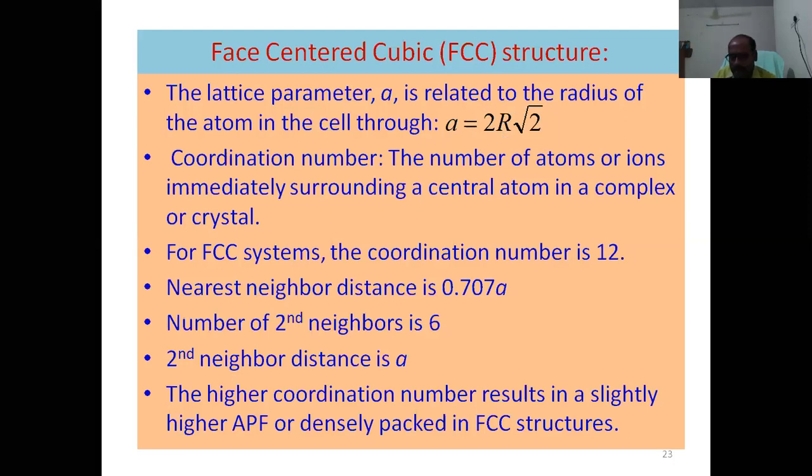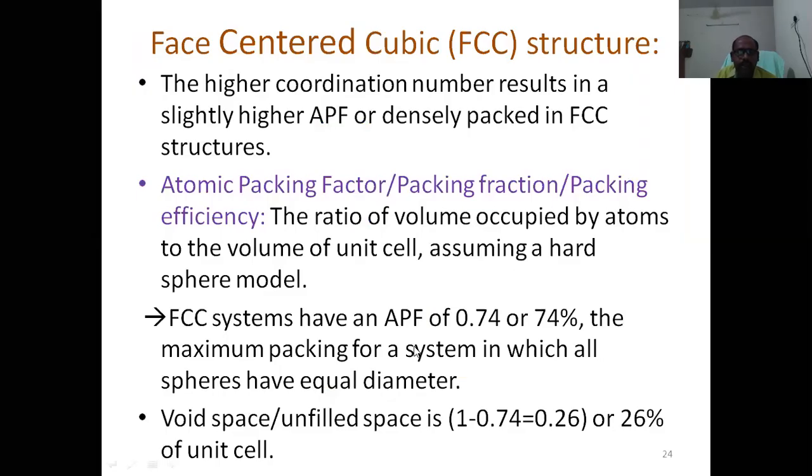We get the fraction, which is around 0.74 or 74 percent. It is the packing fraction for FCC.